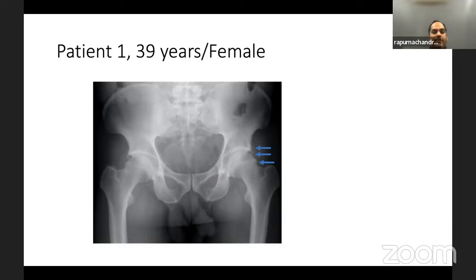Our patients come at this stage where some of our colleagues would have advised total hip replacement. They would have gone through innumerable physiotherapy sessions with no relief from pain, but they want some option other than a hip replacement at this young age.